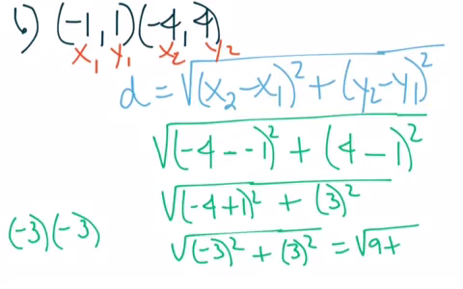And 3 times 3 for this one is 9. So 9 plus 9 is the square root of 18. And if you put that in your calculator, the value of that is 4.2.